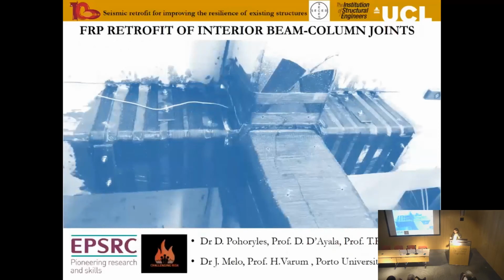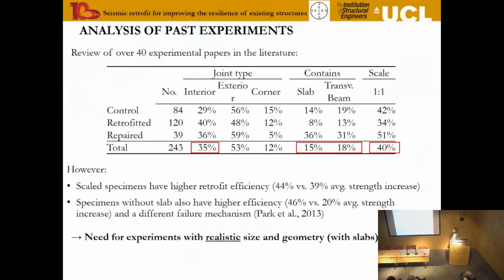So I'd like to give you an overview of a research project that I worked on with Dina and with colleagues at Porto University in Portugal on essentially the FRP retrofit of interior beam column connections. Why interior? Well, if we look at the literature, the vast majority of the experimental data out there is for exterior joints.